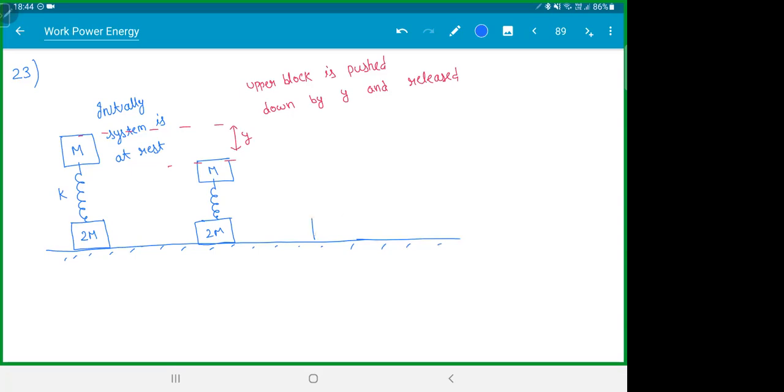And then what will happen? This block will start coming up. So there is a possibility this block, after leaving this, will fly off in the air. It loses contact.